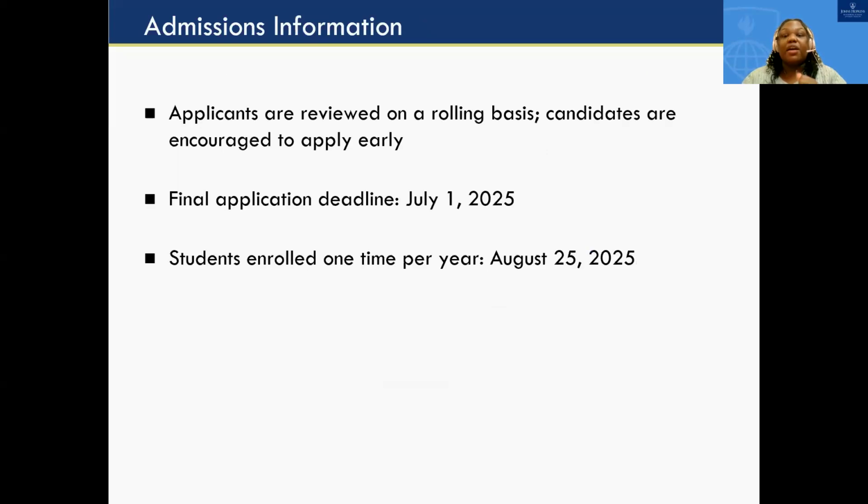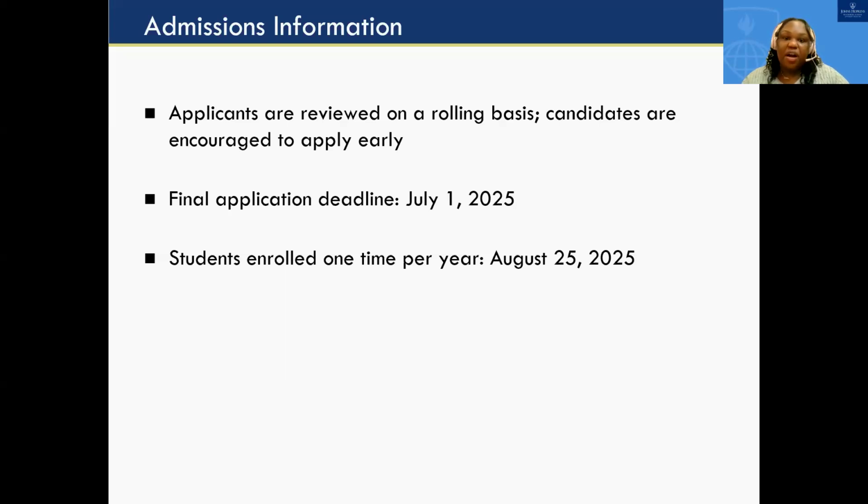Okay, so we are currently accepting applications for both the master's program and certificate program. I always suggest submitting your application sooner rather than later. A lot of times it takes a little bit longer than we expect, especially with getting transcripts in and getting those letters of recommendation in. So I wouldn't wait till the last minute, but the deadline to submit the application is July 1st, 2025.